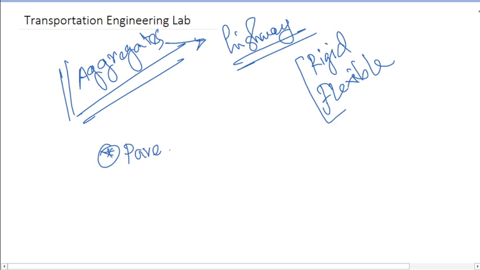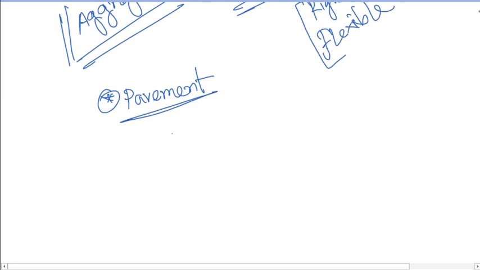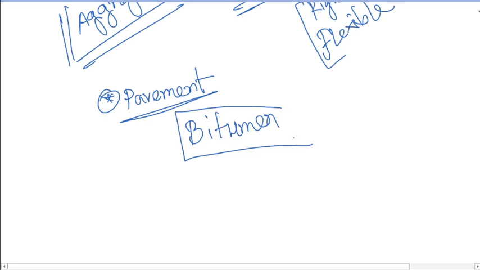In pavement, the most important topic we can expect is bitumen. This is the most abundantly used term in transportation engineering. If we are transportation engineers working with highways and pavements, then this term is a must, which is bitumen, as you know.